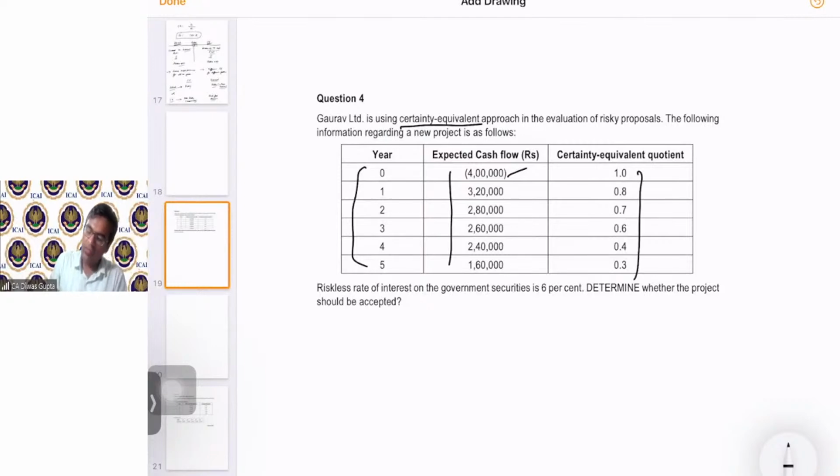And the certainty equivalent quotient also they have given, which is the certainty equivalent coefficient, whichever way you can say. Now, since the question is asking us to apply the certainty equivalent method, the WACC, or let's say the discount rate, would be what? Riskless or risk-including one?